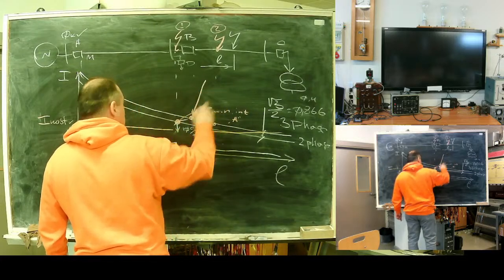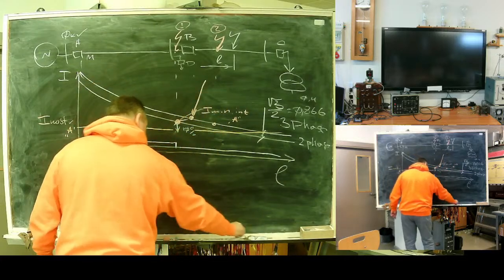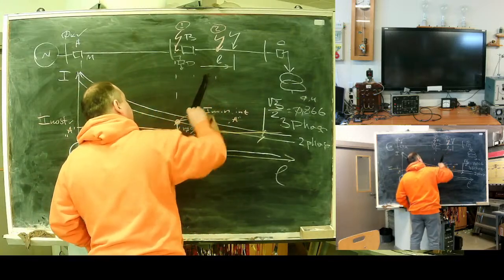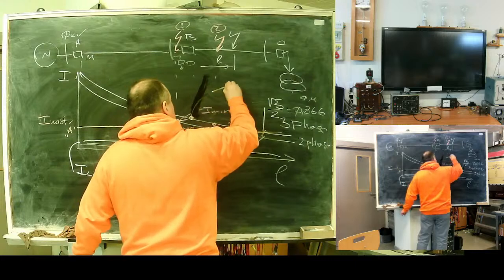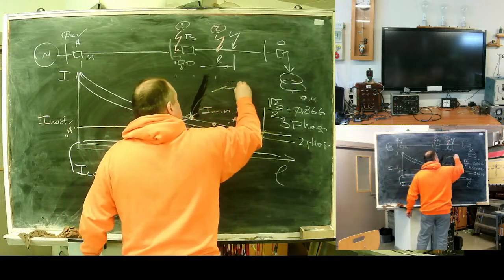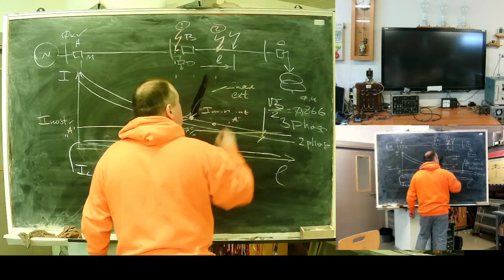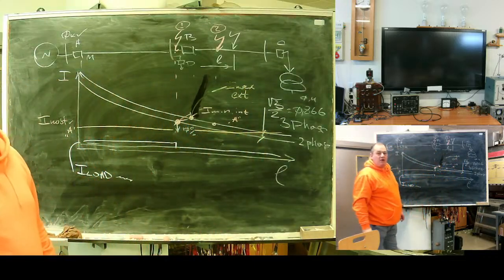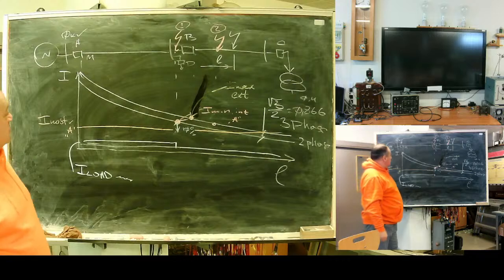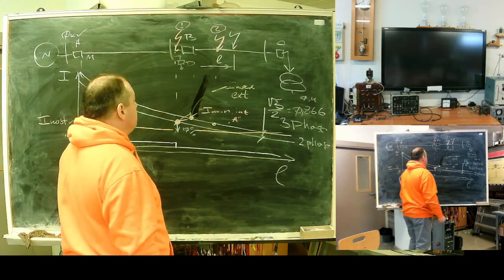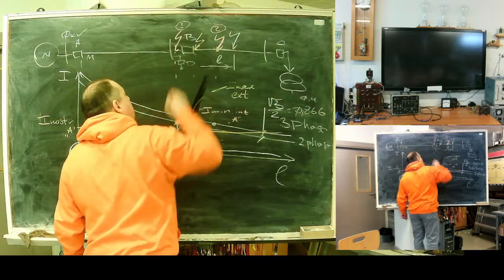I will draw it in yellow. This is E max external, the maximum external current for my protection. Here.